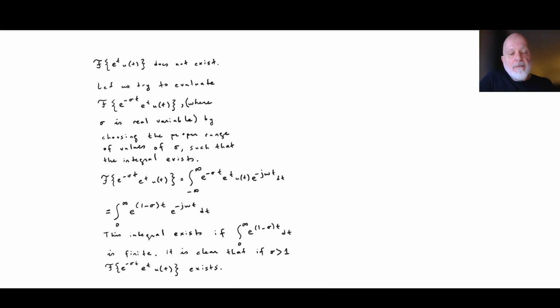But if we multiply such a signal, and in our case the signal is the growing exponential e to t u of t, by the exponential term e to minus sigma t, and by choosing the range of values of the variable sigma suitably, we are able to obtain a convergent integral.